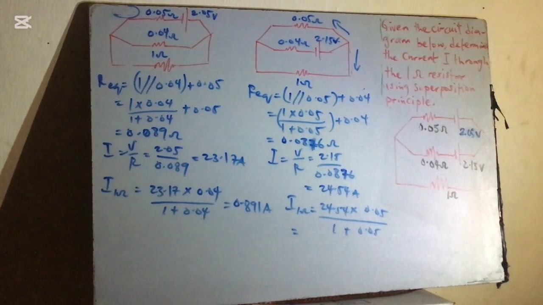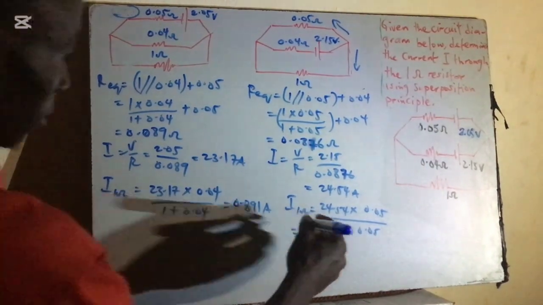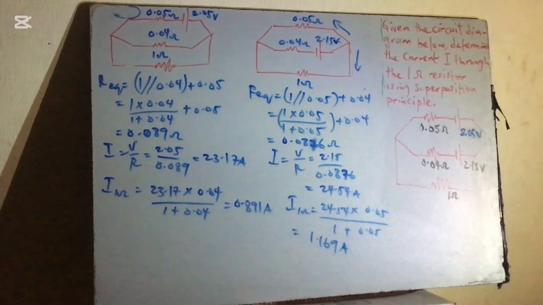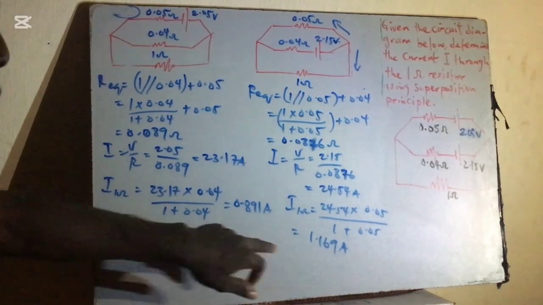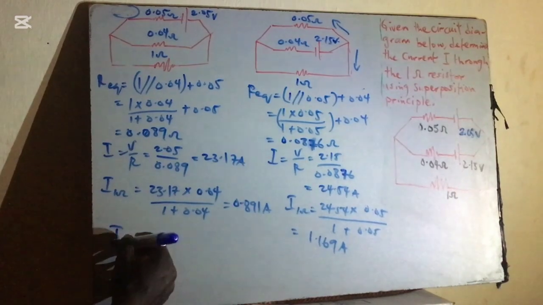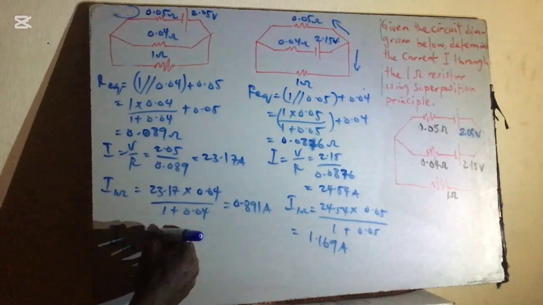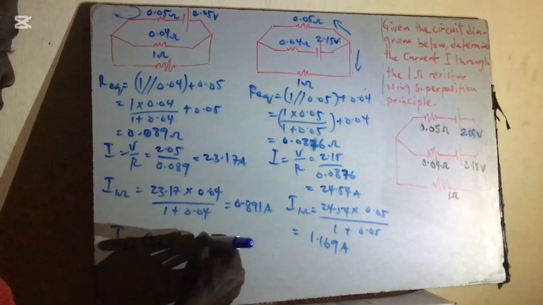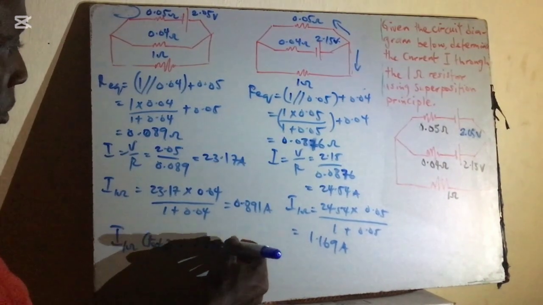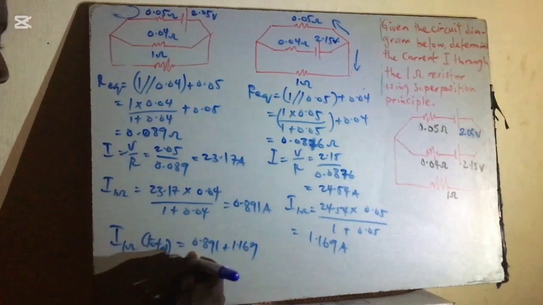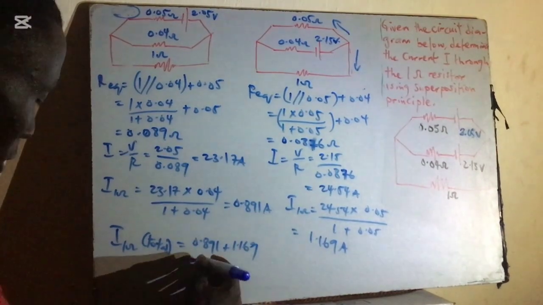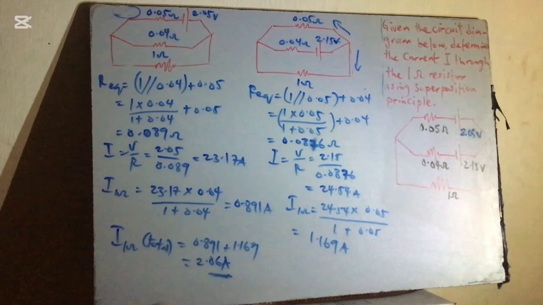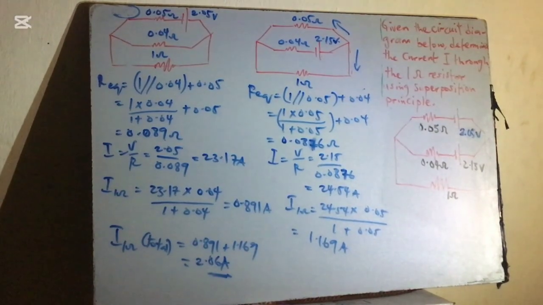The current in the 1 ohm resistor will be 1.169 amps. Now we get the algebraic sum of both, so the current in the 1 ohm is 0.891 plus 1.169, which is 2.06 amperes.